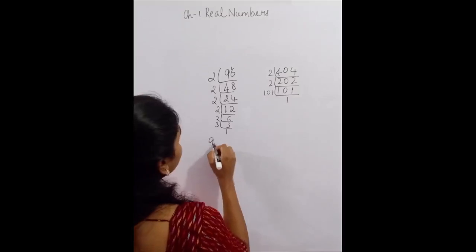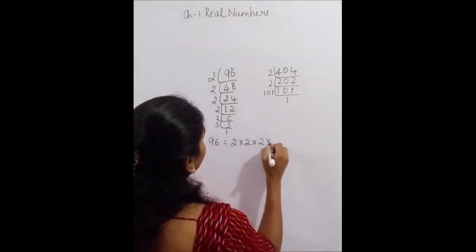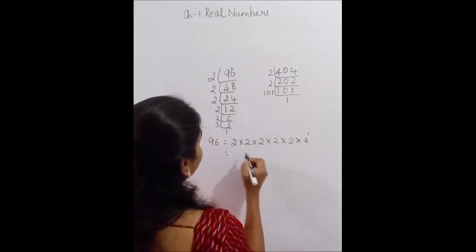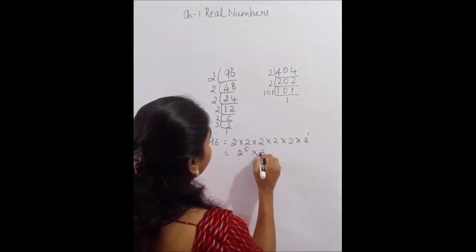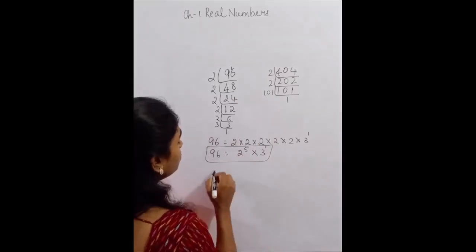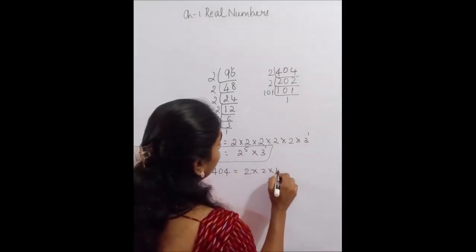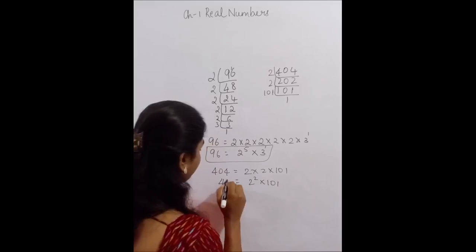Now 96 can be expressed as 2 into 2 into 2 into 2 into 2 into 3 power 1, which is 2 power 5 into 3 power 1. Now 404 can be expressed as 2 into 2 into 101, which is 2 square into 101.